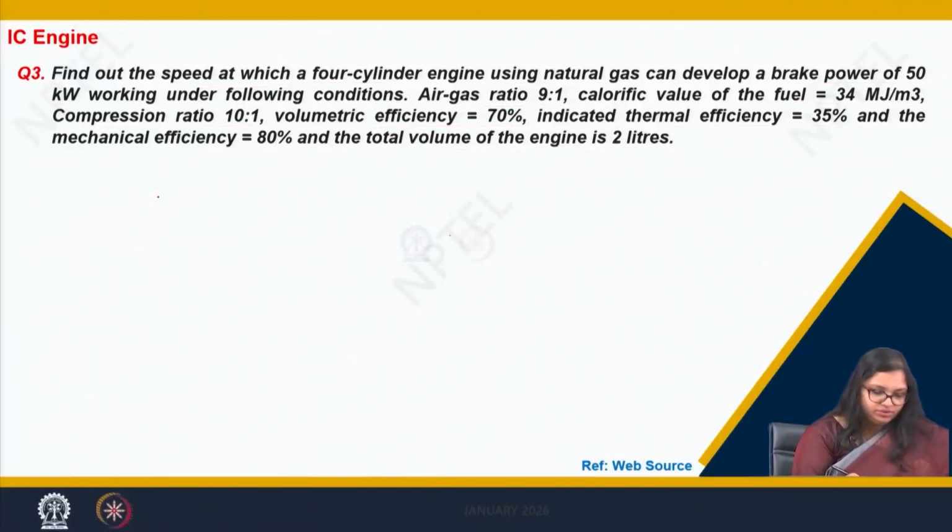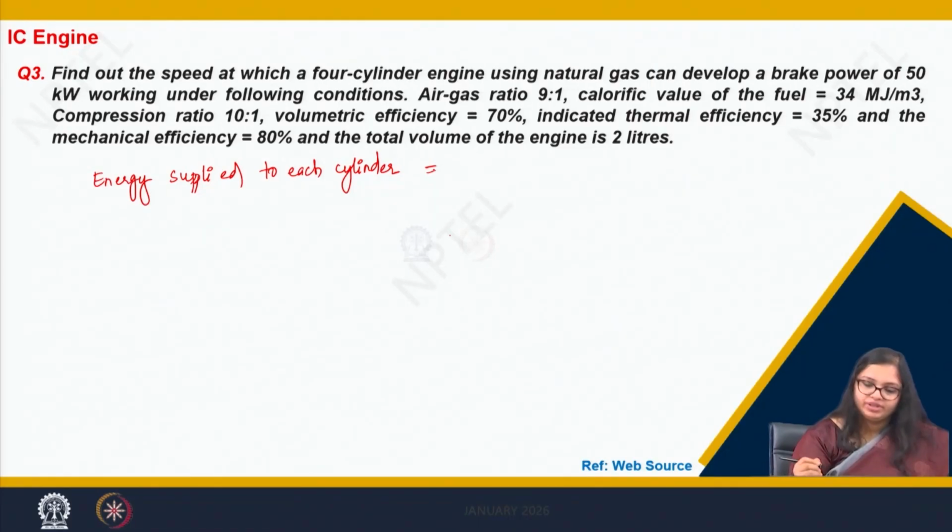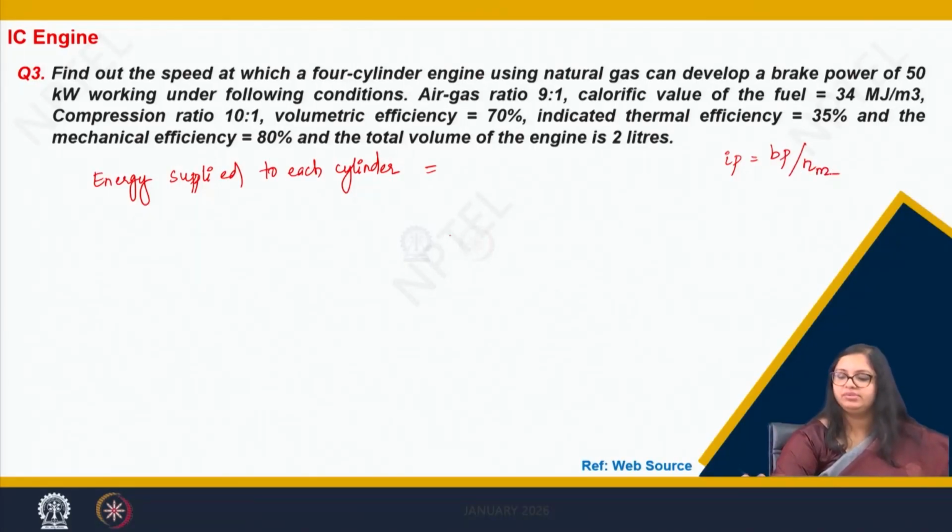So, the energy supplied to each cylinder will be equal to, the thermal efficiency is given as 0.35 and my IP will be equal to my brake power by my mechanical efficiency.